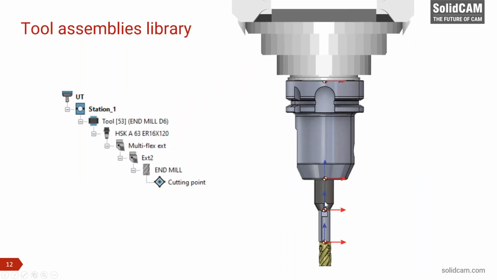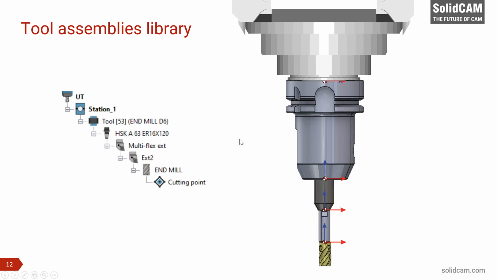This is how it looks when it's connected. Basically we have the station, and the tool item itself is this assembly. We have the holder, we have the multiplex and the shank, we have the extension, and at the end we have the end mill. At the end we have, of course, the cutting point, which actually represents our tool offset, basically.